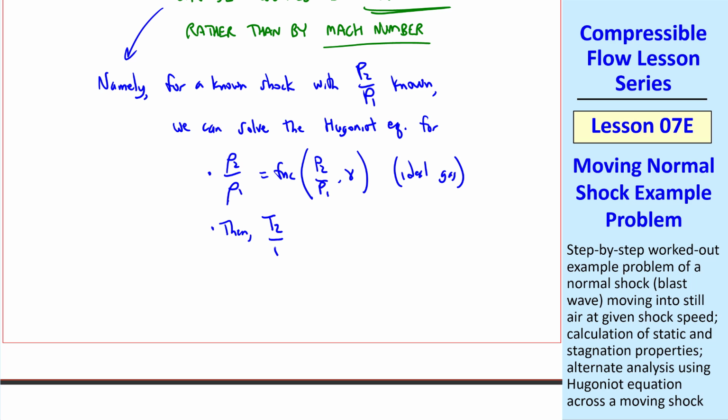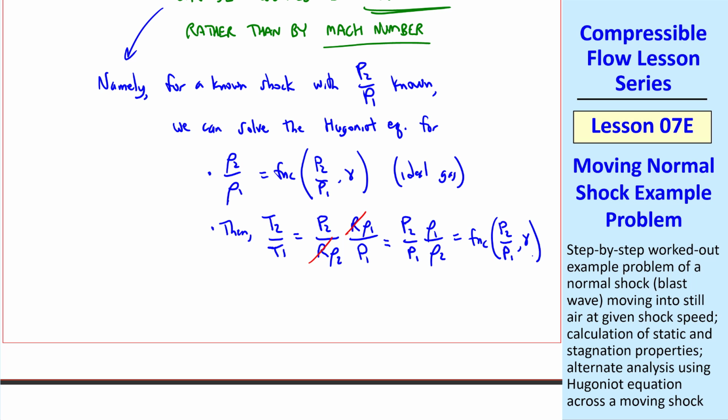Then T2 over T1, using the ideal gas law, is p2 over R rho 2 times R rho 1 over p1, which is p2 over p1 times rho 1 over rho 2, since the R's cancel.